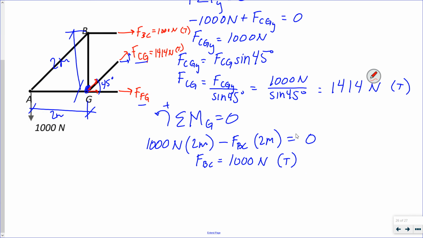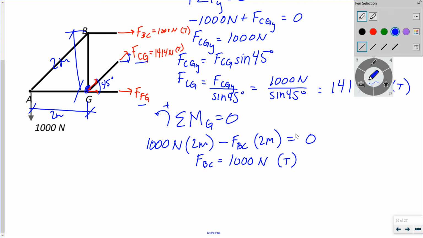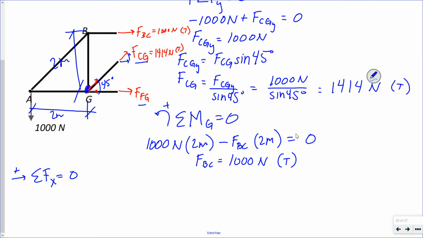Now I can go back and take the sum of the forces in the x direction. I have FBC acting in the positive x direction.